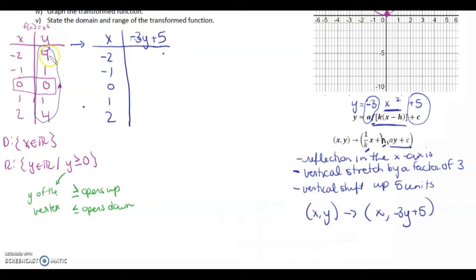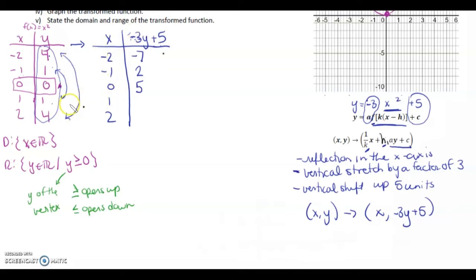So negative 3 times 4 is negative 12, plus 5 is negative 7. Negative 3 times 1 is negative 3, plus 5 is 2. Negative 3 times 0 is 0, plus 5 is 5. Negative 3 times 1, so that this will be symmetric, right? Because we have the symmetry with quadratics.